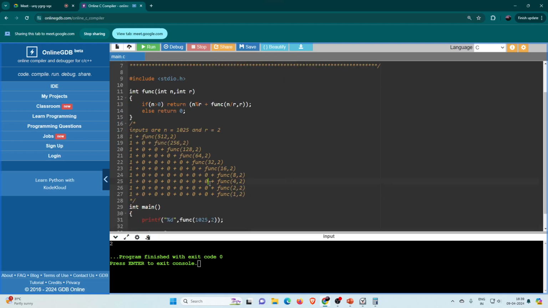Alright, and these extra zeros are there, so this will make this one and mod, I'll get 2, right? So I'll just copy all this: 1 plus a bunch of zeros plus 1 plus func of (0, 2). So this is 0, this is the exit condition, so I'll get 2 equals 2.